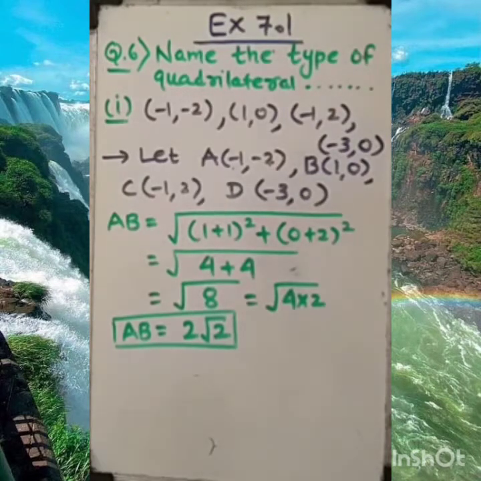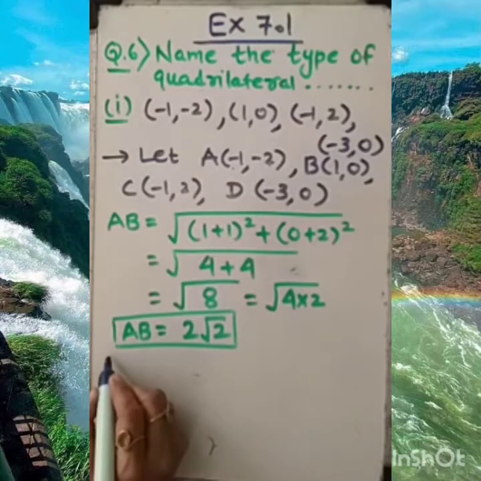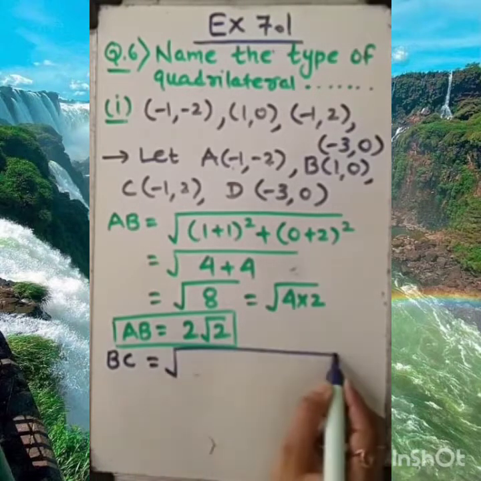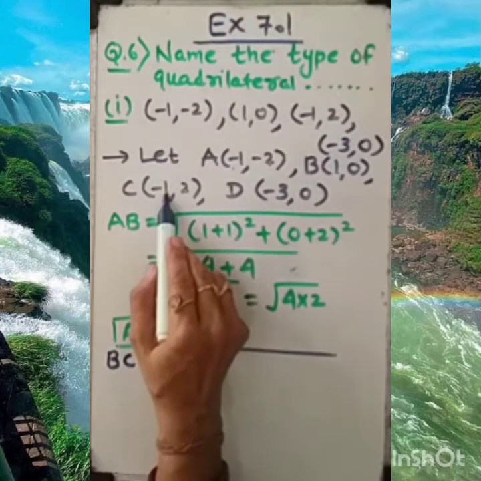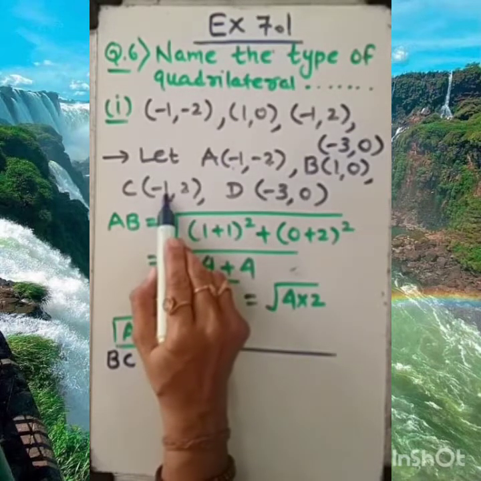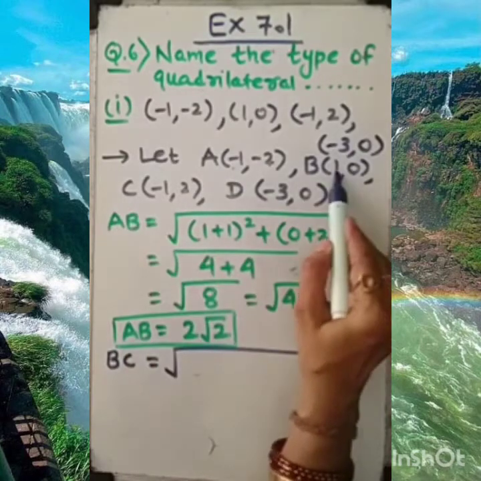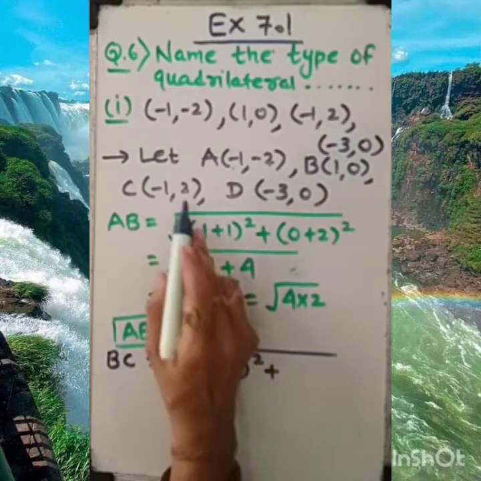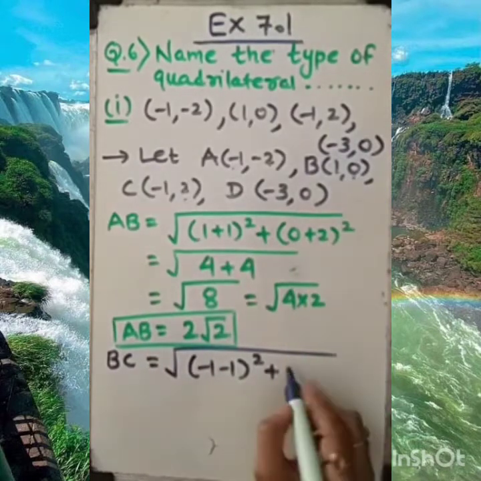Now by the same procedure we find the distance between another 2 points, that is BC. BC equals under root of, now work this out, look at your screen. Minus 1 minus 1, there is a minus sign between, plus 2 minus 0.